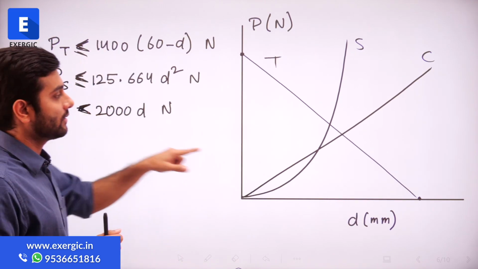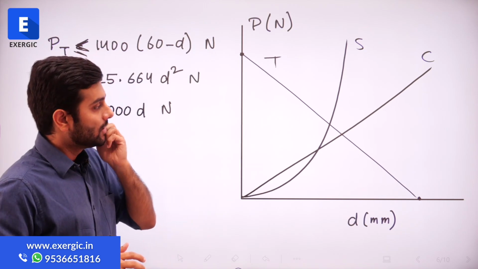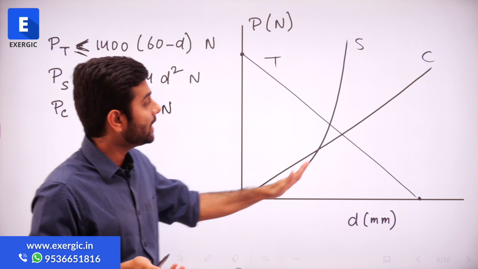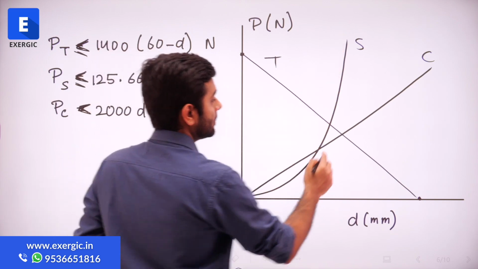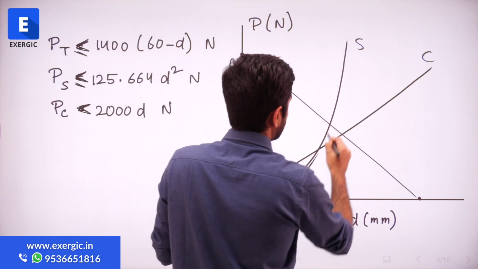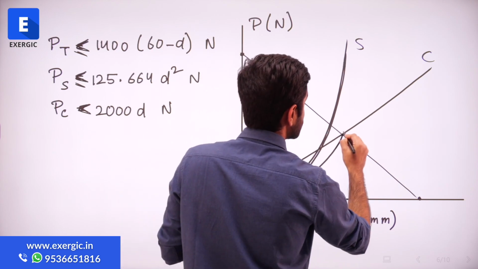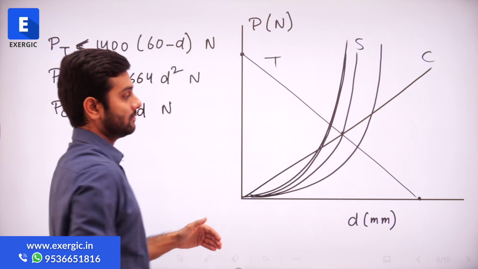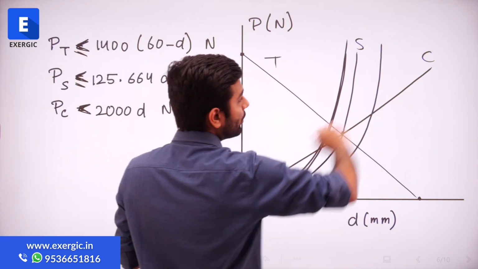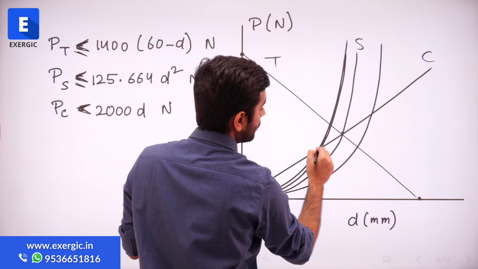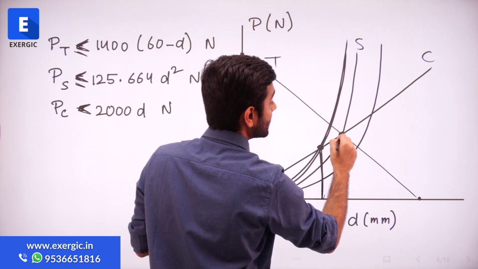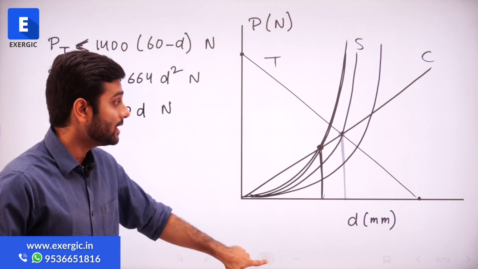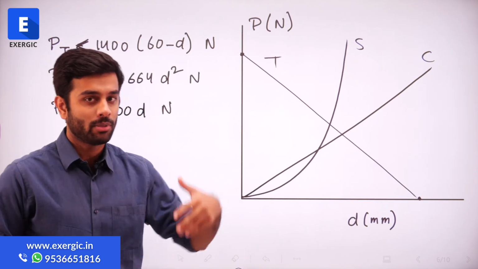The thing you need to realize here is that we are not sure whether PS is going to pass from here like this, or from the same point, or from a point ahead of that. So where exactly is it going to cut the compression line? Whether here, at this point, or ahead of that point, we don't know. And we must know that, only then can we actually solve the LPP.